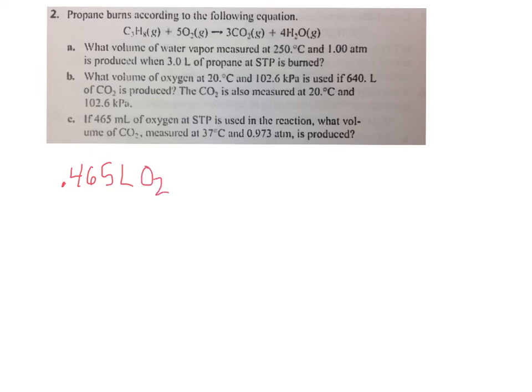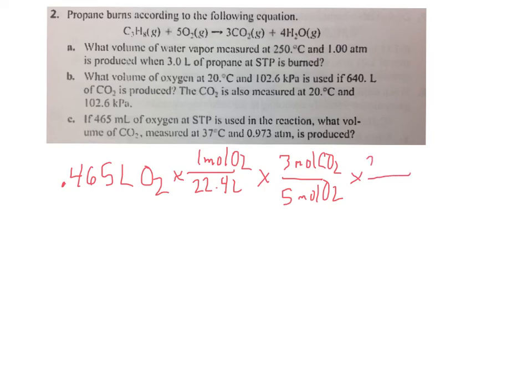Then we have to convert this to liters of CO2. We're going to show you the whole math just to let you know. Using your mole island, 1 mole of O2 is 22.4 liters at STP. Since our initial conditions are at STP, we can use these numbers. Then 3 moles of CO2 divided by 5 moles of O2. And then lastly, 22.4 liters of O2 equals 1 mole of O2. Notice the liters at both stages are going to cancel out.